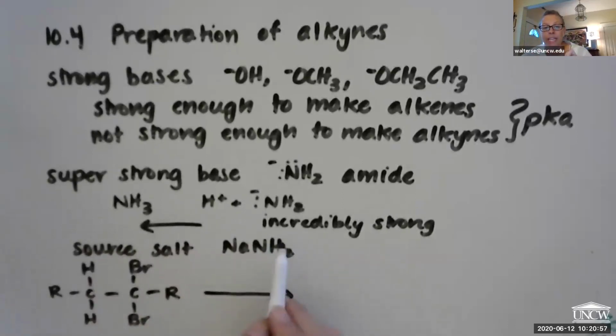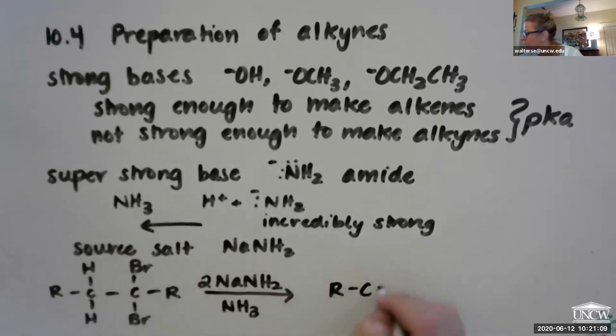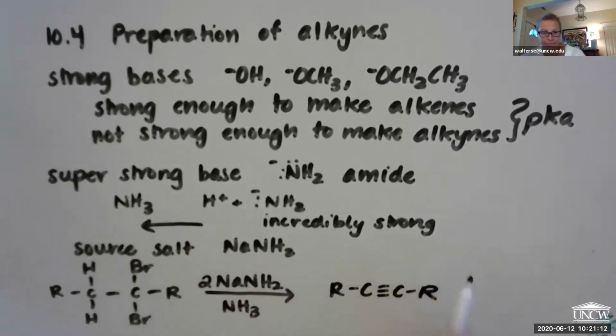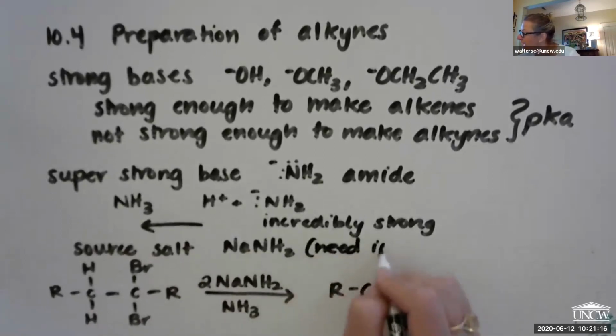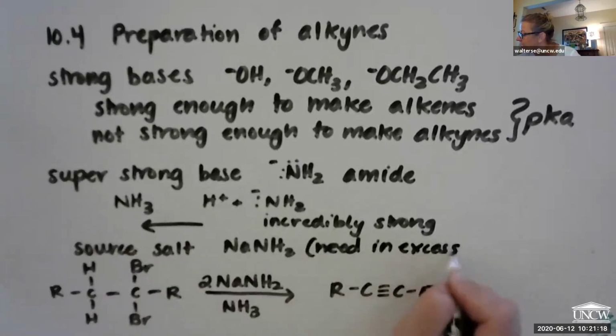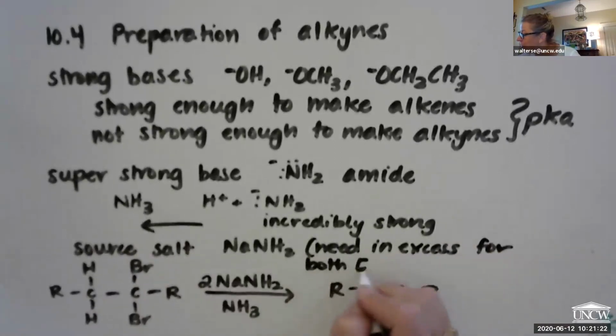Each amide itself can only cause one elimination, so you would need a 2-fold excess of sodium amide. And typically you use it in ammonia to make your product alkyne. So you need this in excess for both eliminations to occur, and they go by E2.